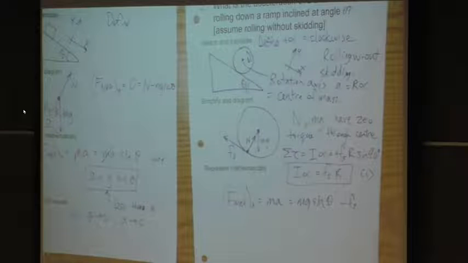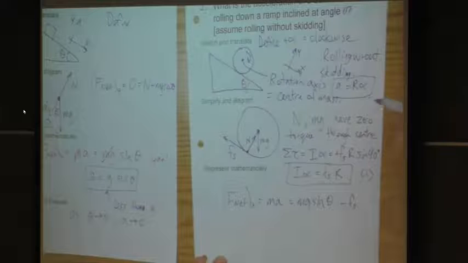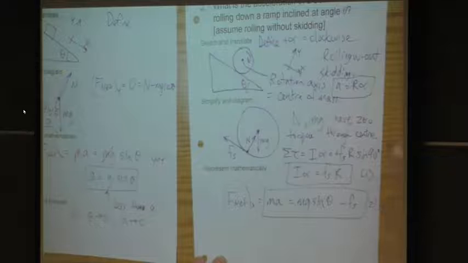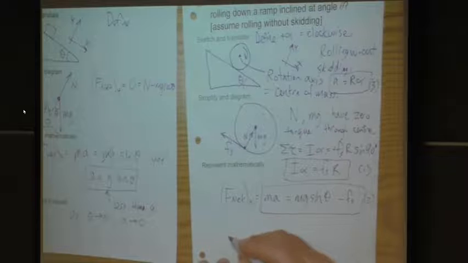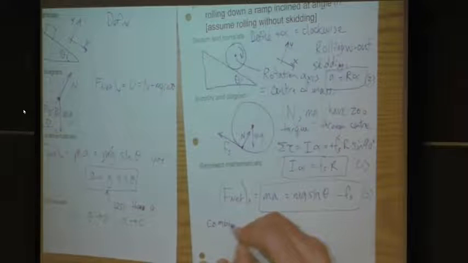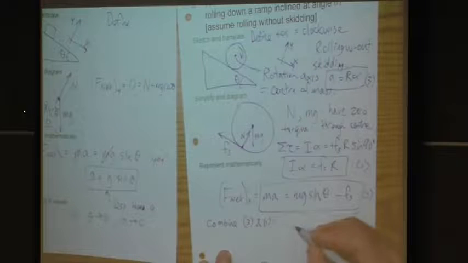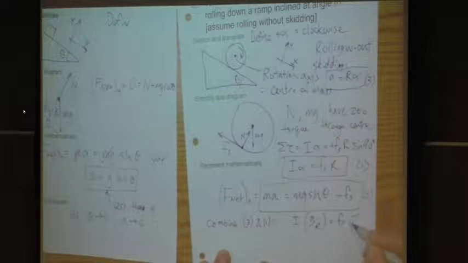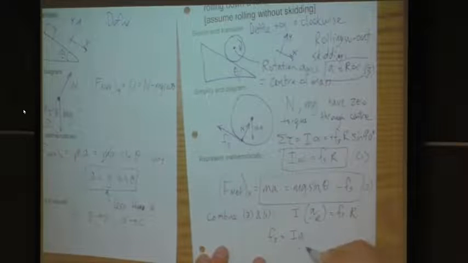So the way I'm going to do that is I'm going to take this and combine it. If we call this equation right here equation 2, and this equation up here equation 3, then if we combine 3 and 1, we get that I times A divided by R is equal to F sub s times R. So F sub s is equal to I times A divided by R squared.